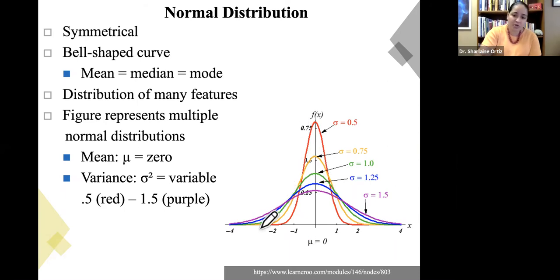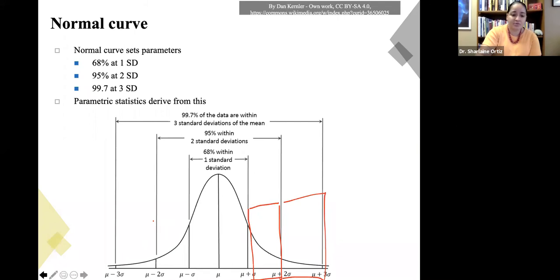We don't want it to look so sharp as this red one. We would like that distribution to be a little bit more even when it comes to our normal curve.